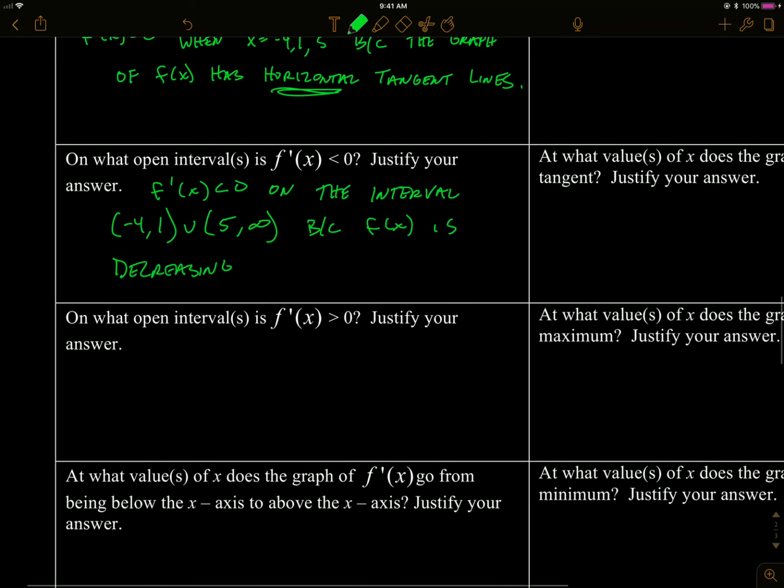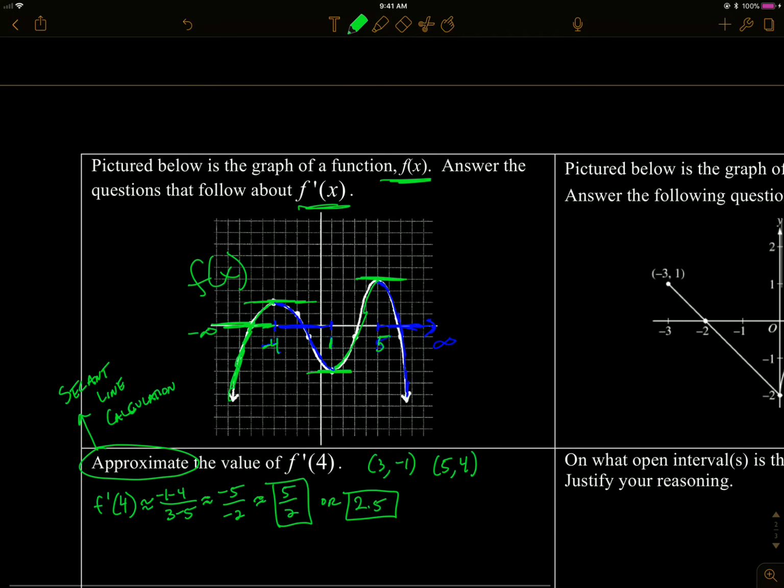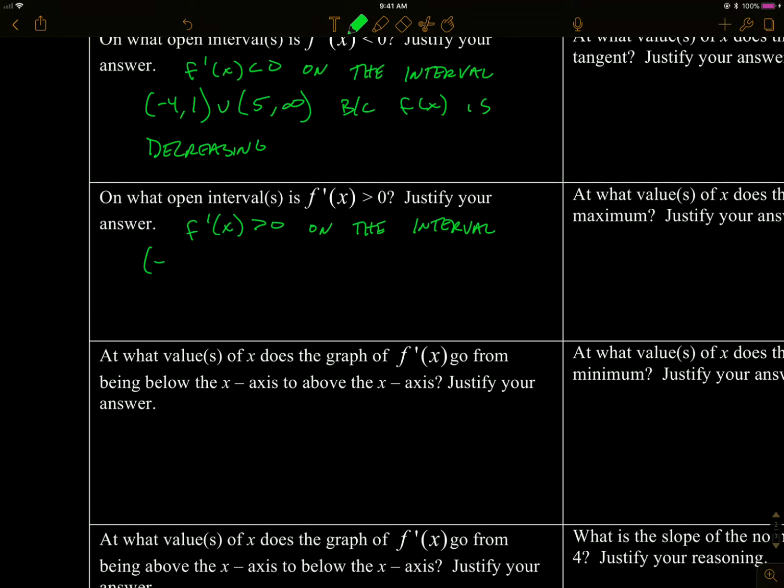So I'm going to say that f prime of x is bigger than 0, or positive, on the interval negative infinity to negative 4, and then union 1 to 5, because the graph of f is increasing.